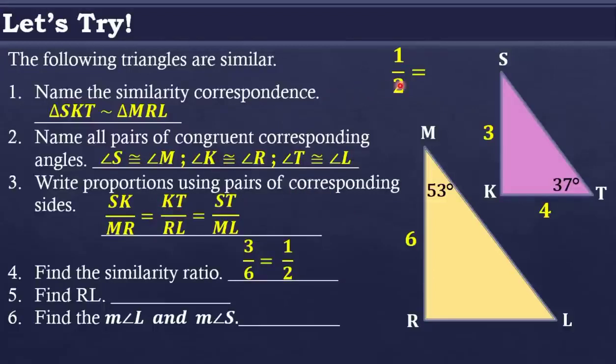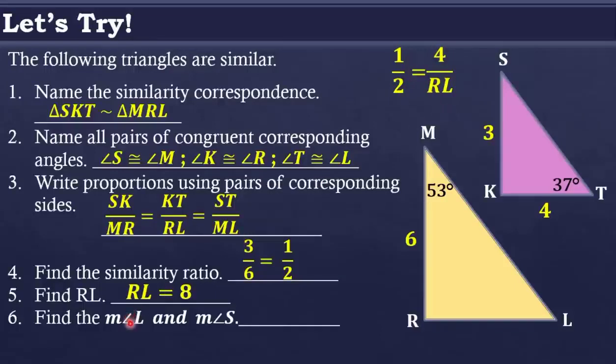So, pwede mo yun gamitin. Your KT is 4, is proportional to RL. Ito po siya. So, mahahanap natin yan by applying the fundamental law of proportion. So, RL is equal to 4 times 2, that is 8 by cross multiplication property. So, RL is equal to 8.